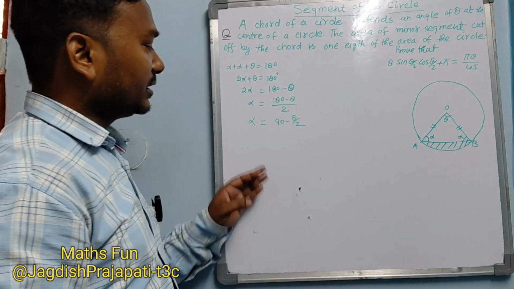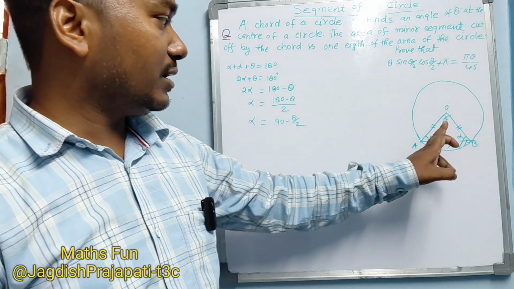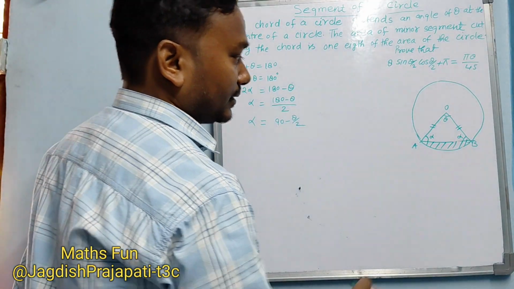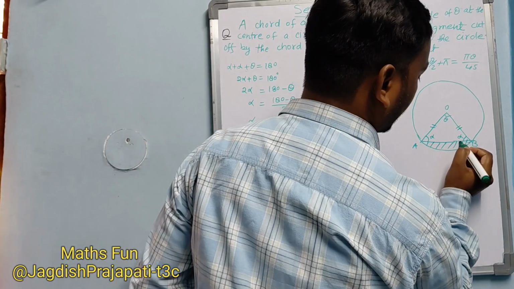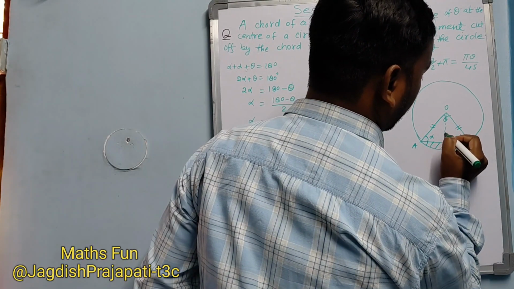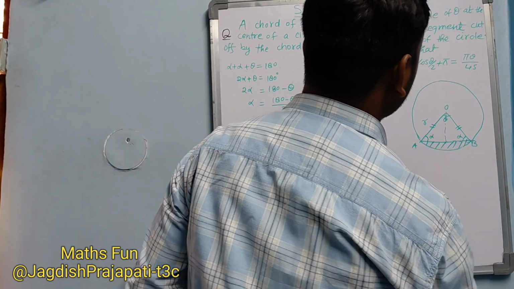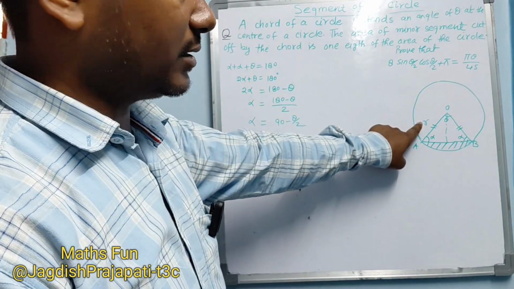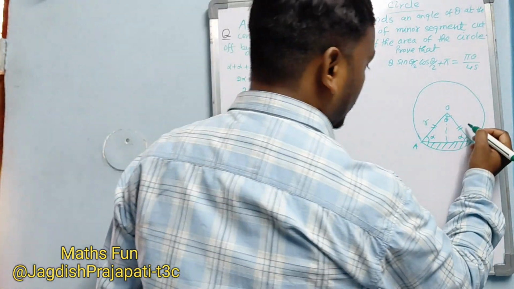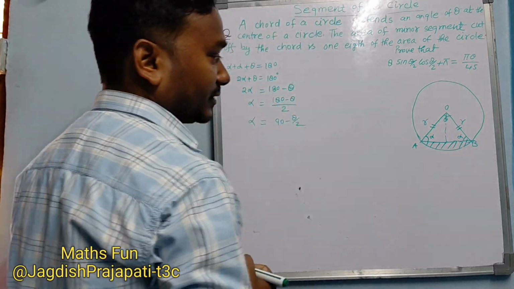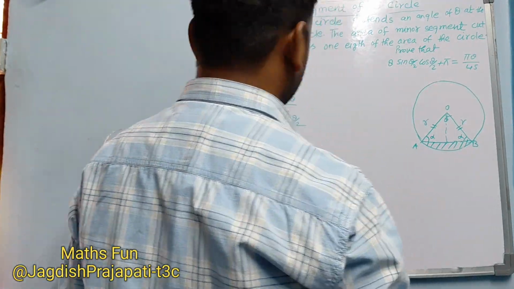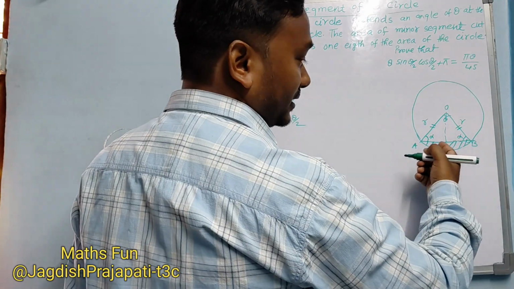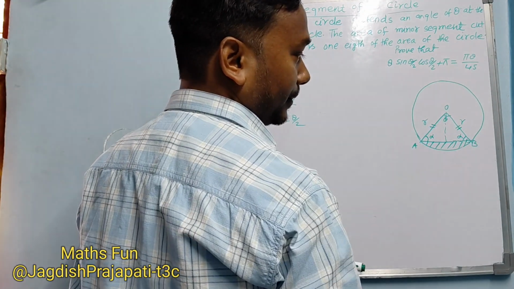Why am I computing this alpha? Because we want to find this height. Let's say the radius is R. For the area of the triangle we need this base and height.